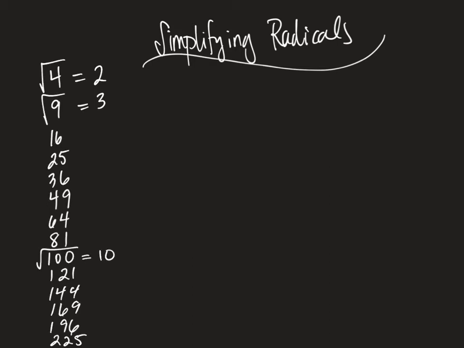When we simplify radicals that are not a perfect square number, so if I simplify something like the square root of 20, I could rewrite the square root of 20 as something that has a square root and something that doesn't. So I could rewrite it as the square root of 4 and the square root of 5.